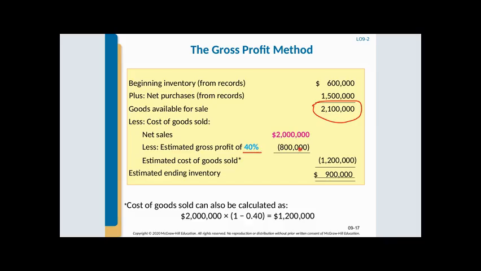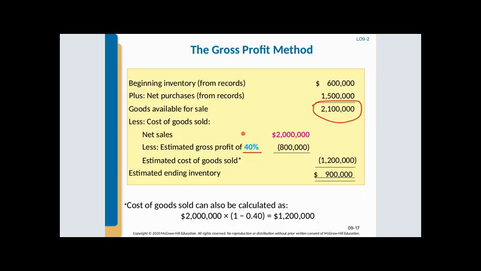So if we subtract this gross profit percentage, we would arrive at this estimated cost of goods sold. Okay, so we have converted our retail sales to a cost. Then we subtract that from our goods available for sale to arrive at our ending inventory.